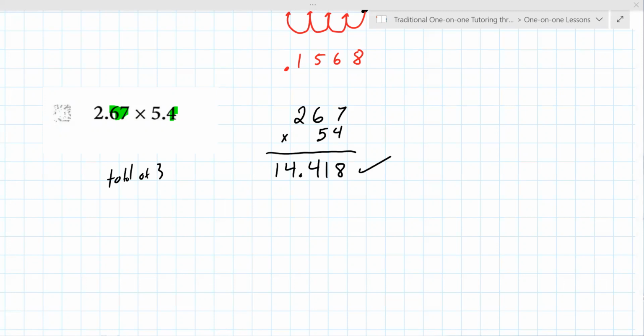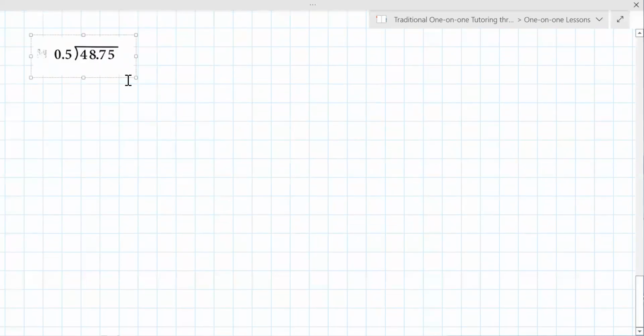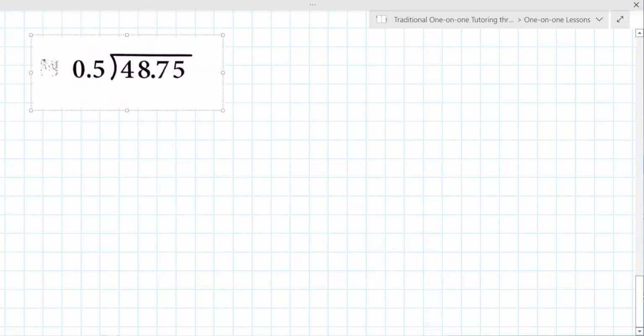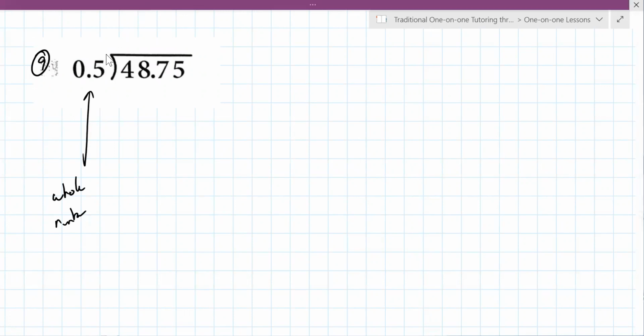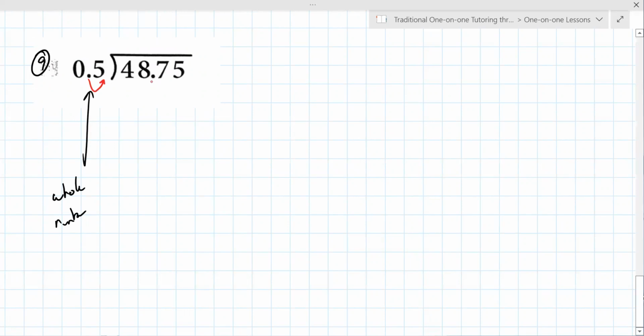The first one we're actually going to do is 9. They're sort of odd how they put this together, but okay, so here's question 9. The first thing though is that the number on the outside has to be a whole number. The way you do that is if you move the decimal to the right here, you also have to move the decimal to the right of the number inside.